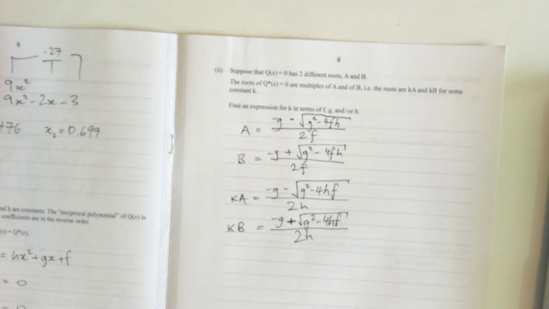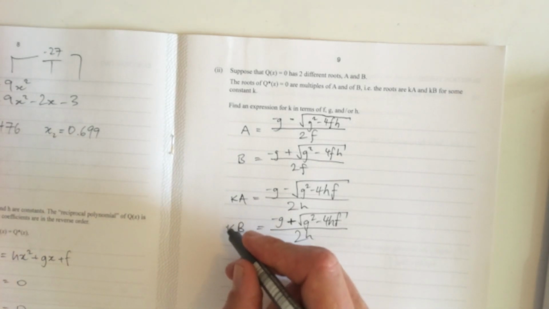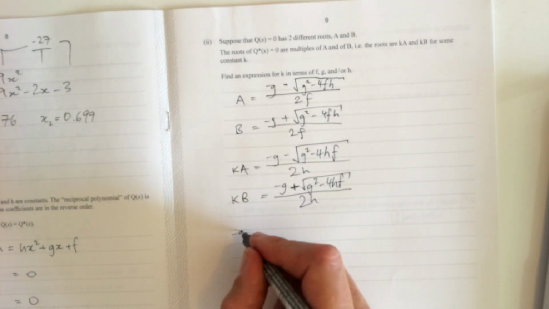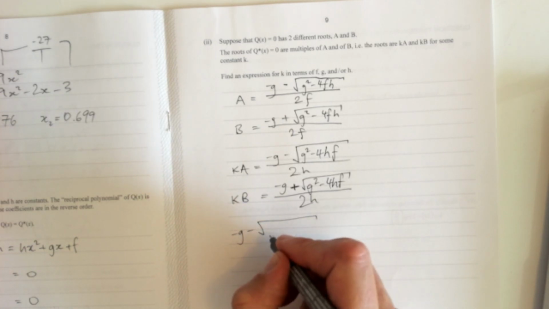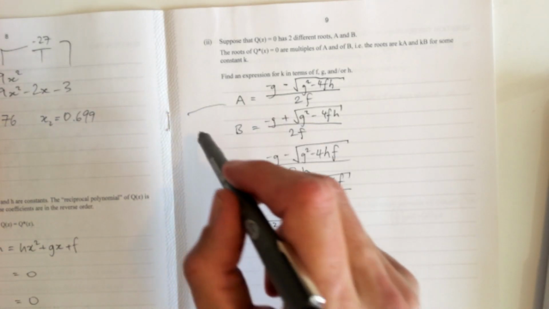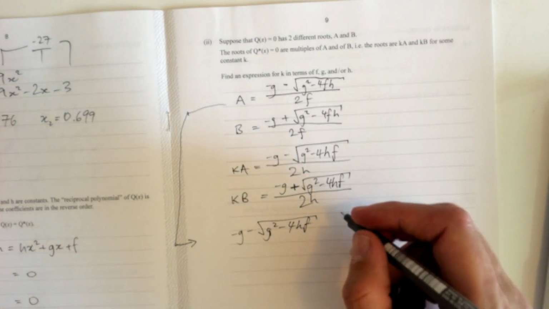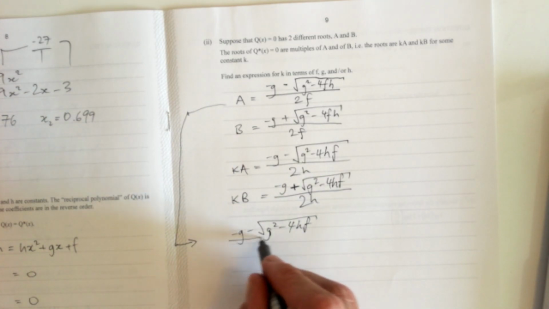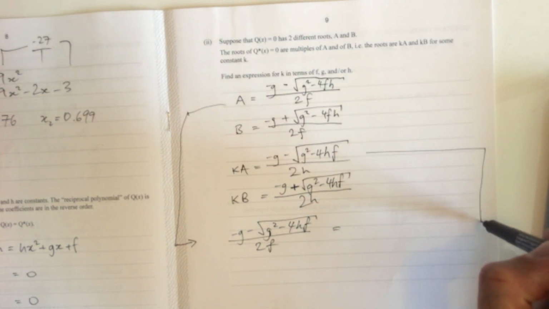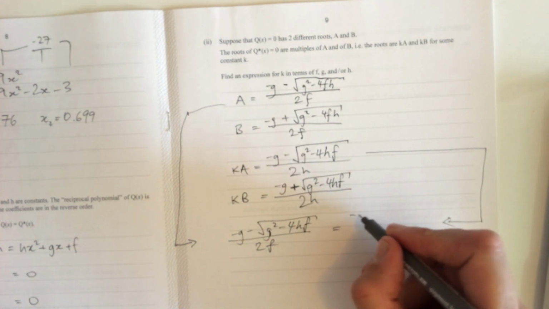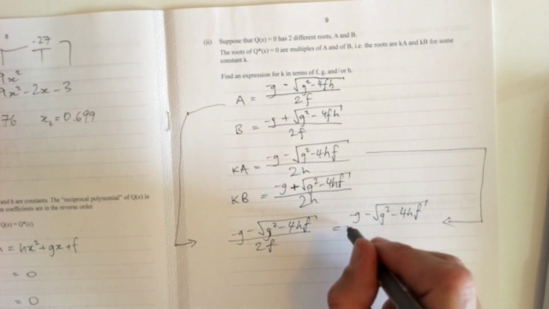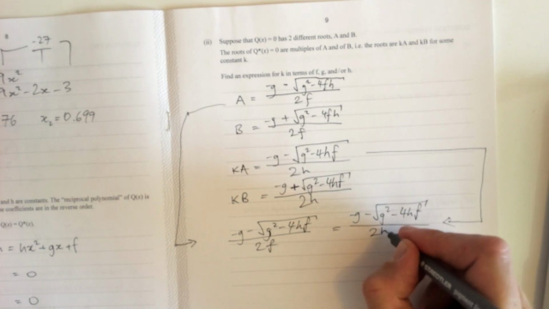I make two equations, and do I just chuck the k's at the bottom of these, maybe, and then I can say that negative g minus root g squared minus 4, I'm going to change around the direction, over 2f is equal to negative g minus root g squared minus 4hf, but I'm going to put this over 2hk.